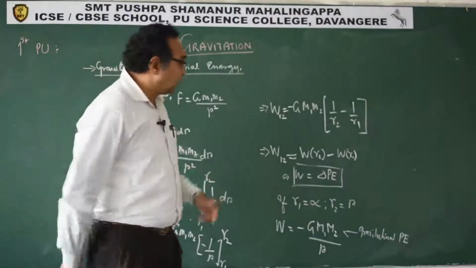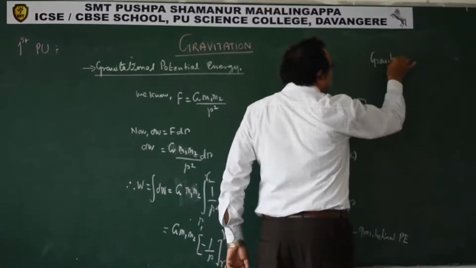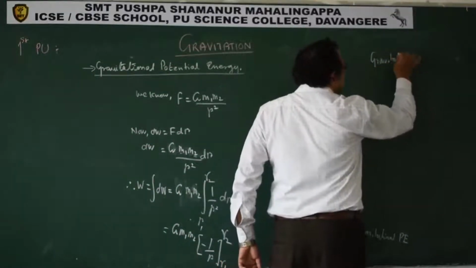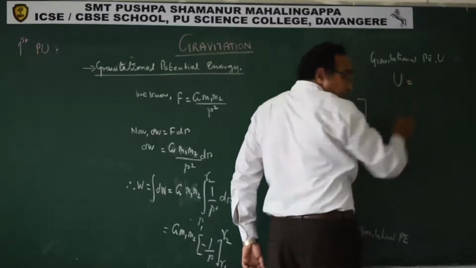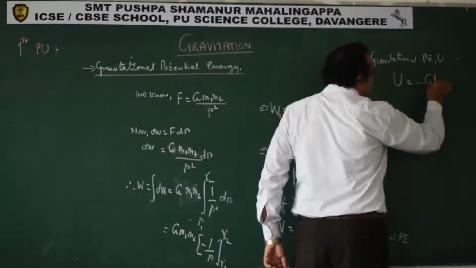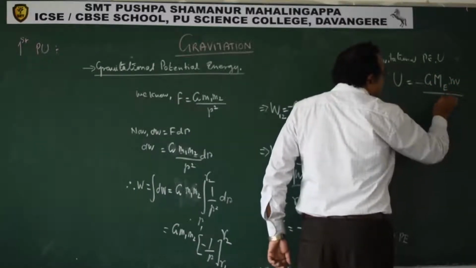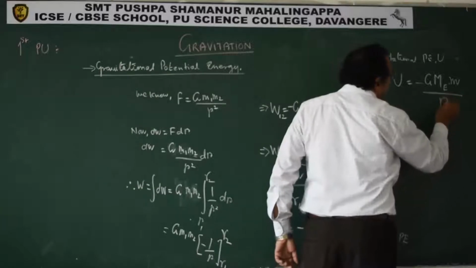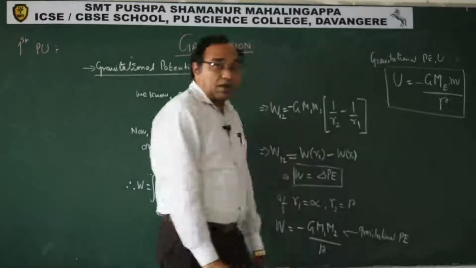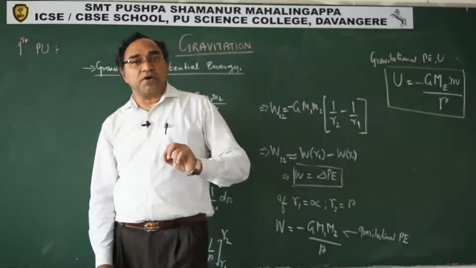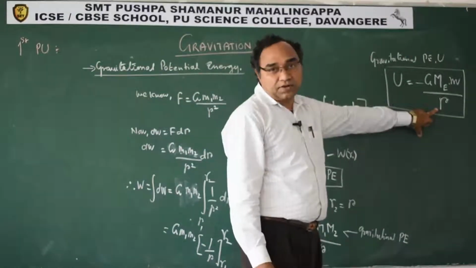Now what we can say is the gravitational potential energy U will be minus of G, M1 the mass of earth, M the mass of the body, and r. If you want it on the surface of earth, then we will write r as the radius of earth.